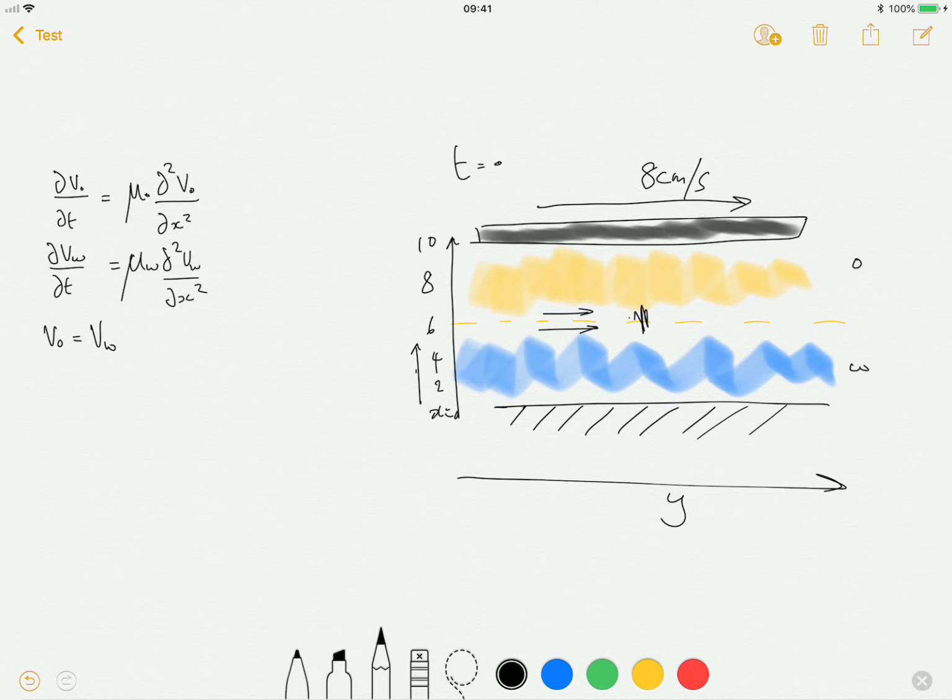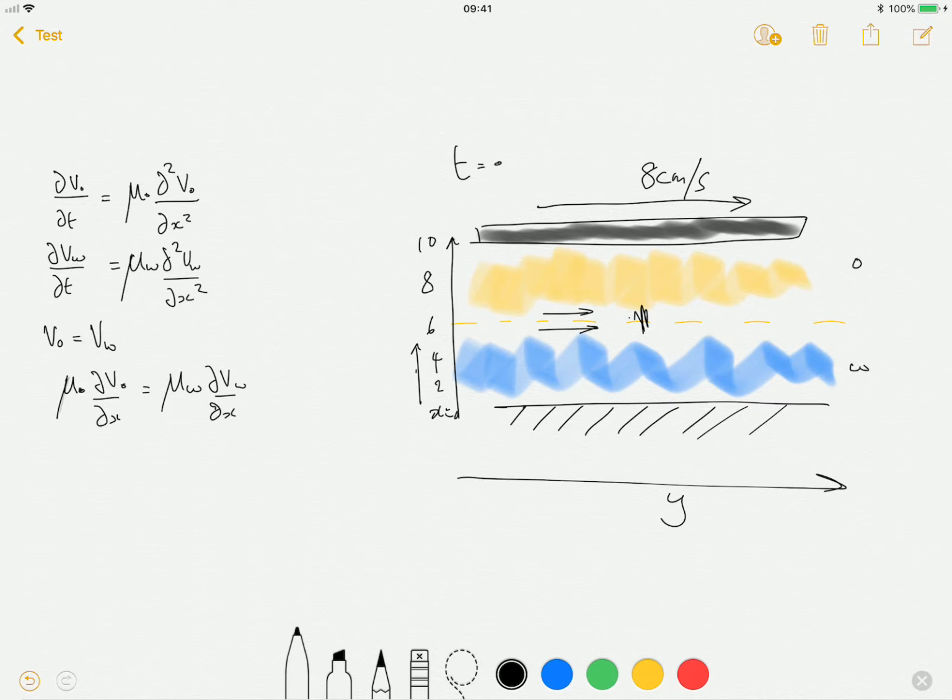Shear stress for these fluids is written as mu of oil times the velocity gradient, and that's equal to mu of water multiplied by the velocity gradient of the water.